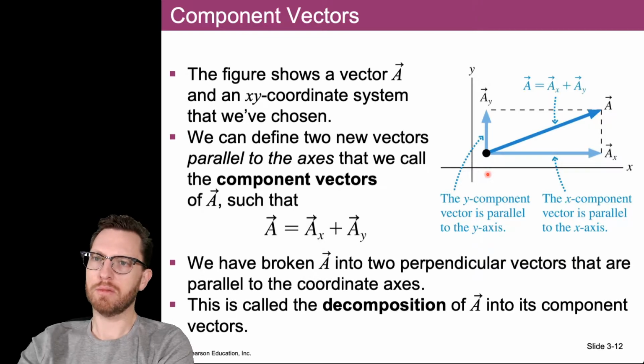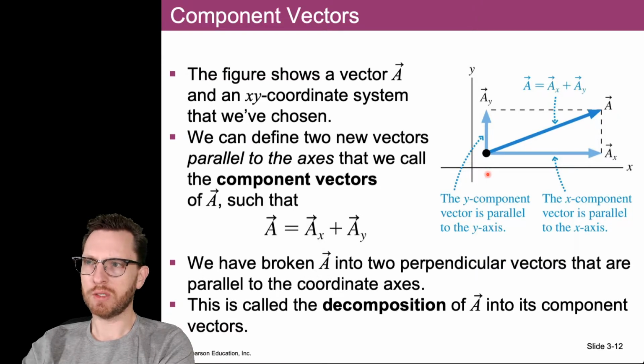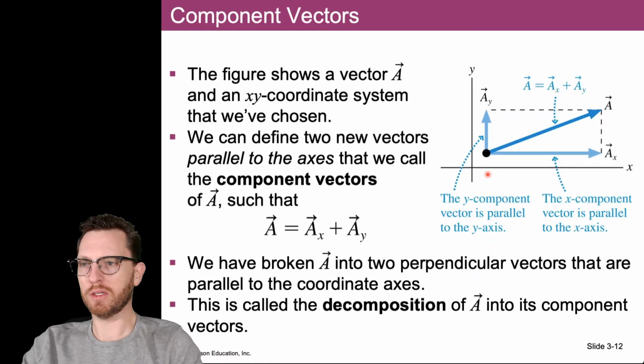Once we have that xy coordinate system defined, we can then define two new vectors. We're going to define vectors that are parallel to each of our axes, one parallel to the y-axis, one parallel to the x-axis, such that when we add those two vectors together, they give us vector A. Those resulting vectors we're going to call the component vectors.